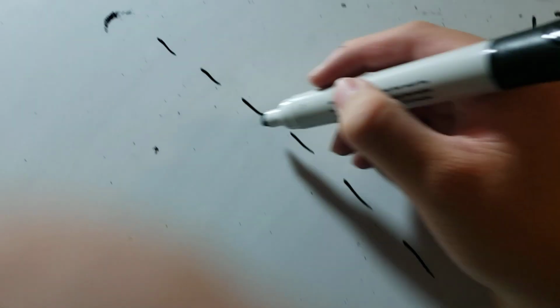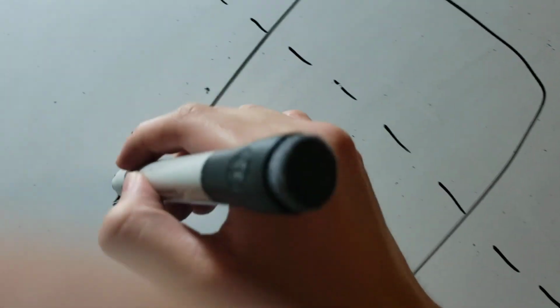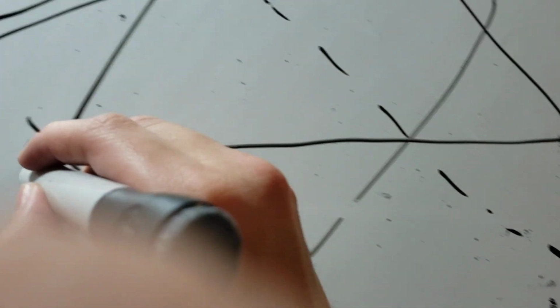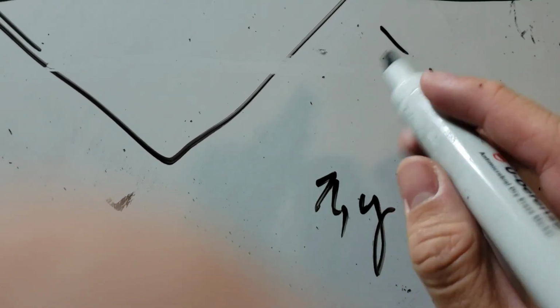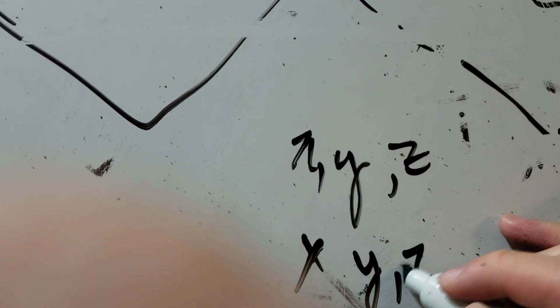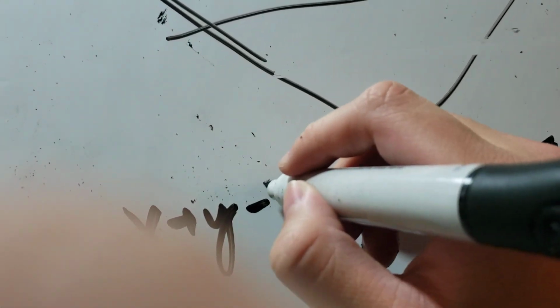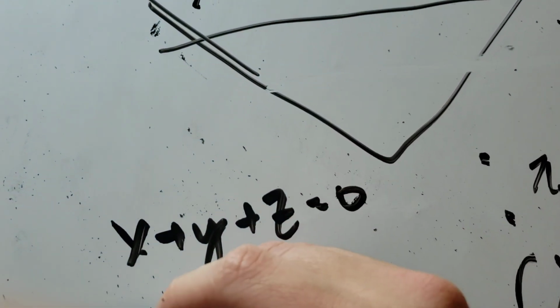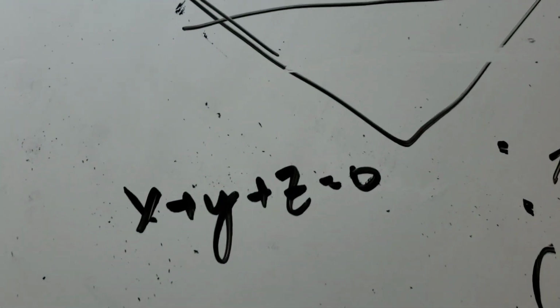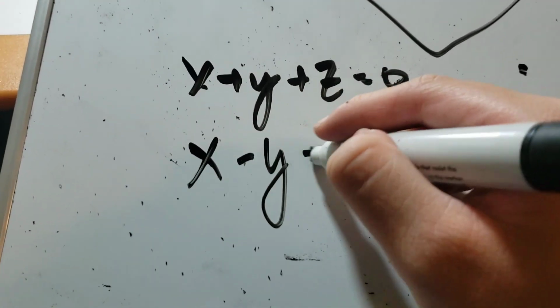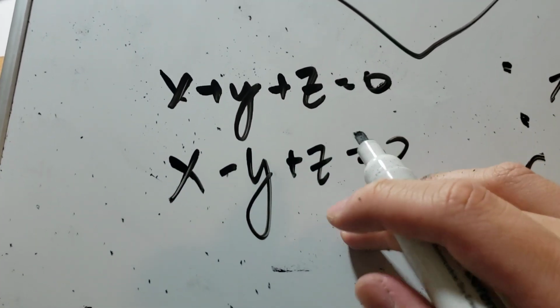If we're talking about the line that connects two planes, that really just means that the x, y, and z equal each other at those segments, for two different planes. So let's just say x plus y plus z equals 0, and x minus y plus z equals 0.